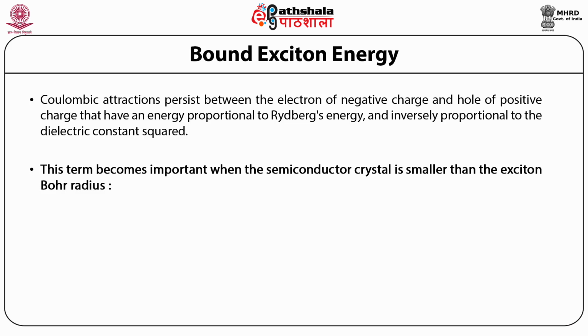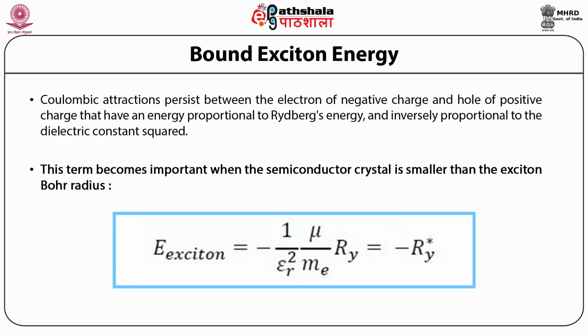The term assumes significance as the semiconductor crystal becomes smaller than the Bohr radius of the exciton and is given by E exciton is equal to minus 1 upon epsilon r squared times mu by me times Ry, which is equal to minus Ry star, where Ry is the Rydberg constant.